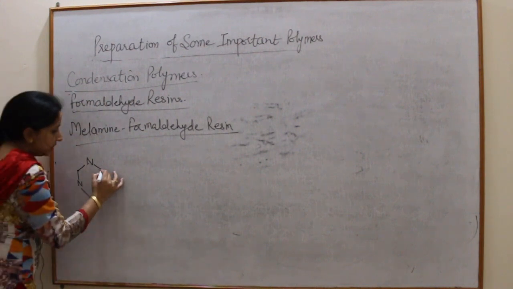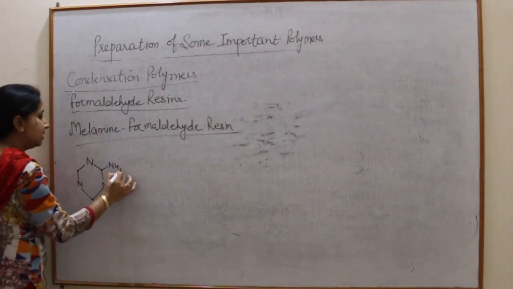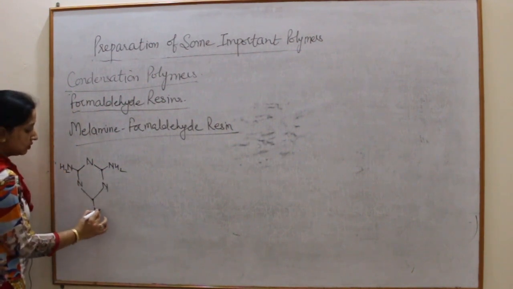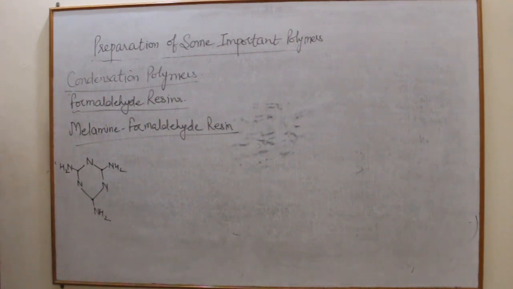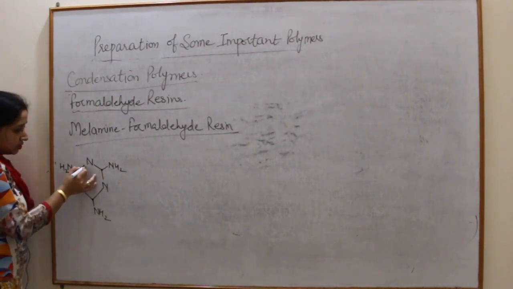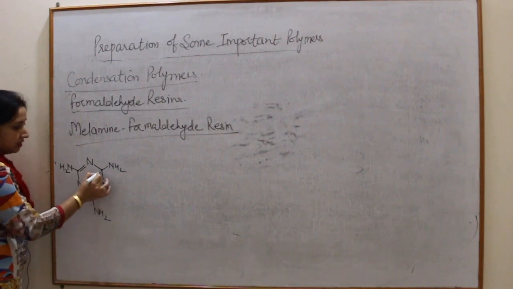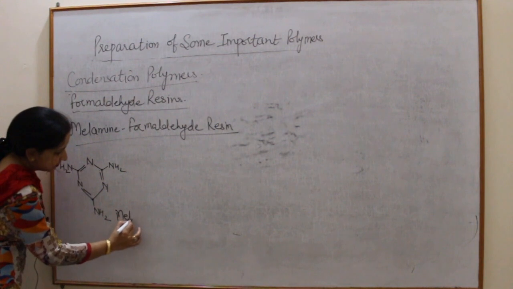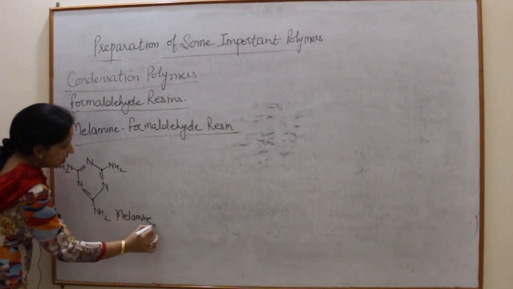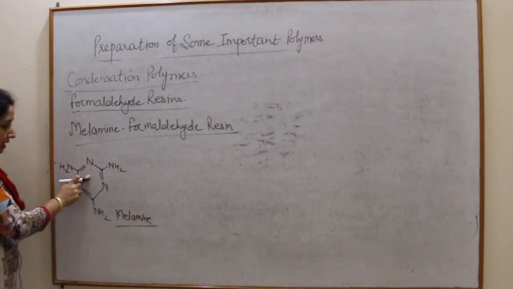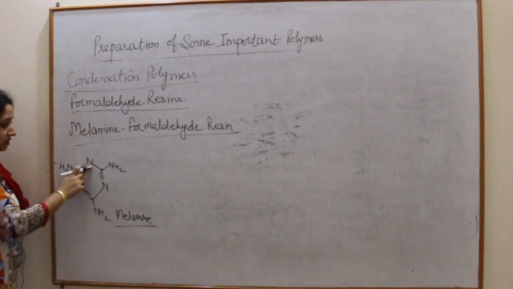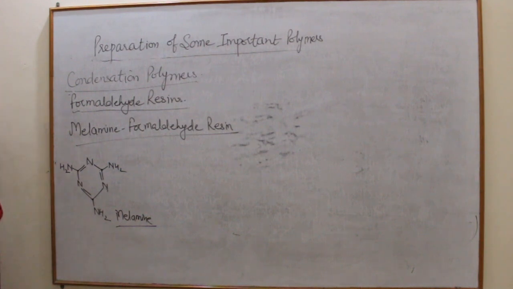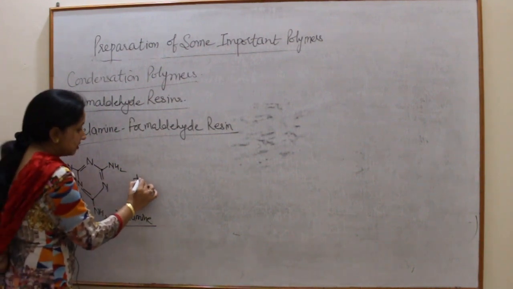And here this carbon is linked with an amine group, that is NH2, NH2, NH2, and we know the valency of nitrogen is 3, so it is like this. So this is basically your melamine. Melamine is a heterocyclic ring containing 3 nitrogens at alternate positions and having 3 amine groups.